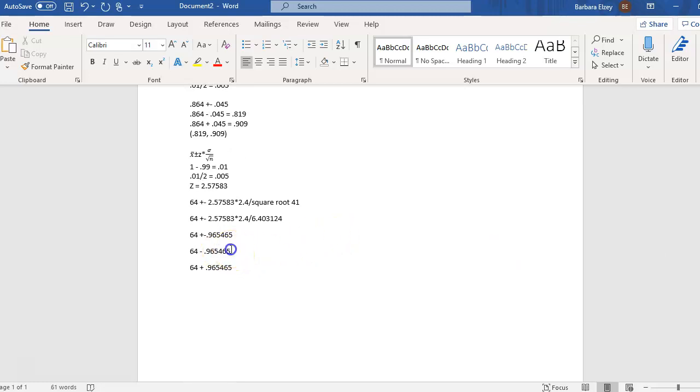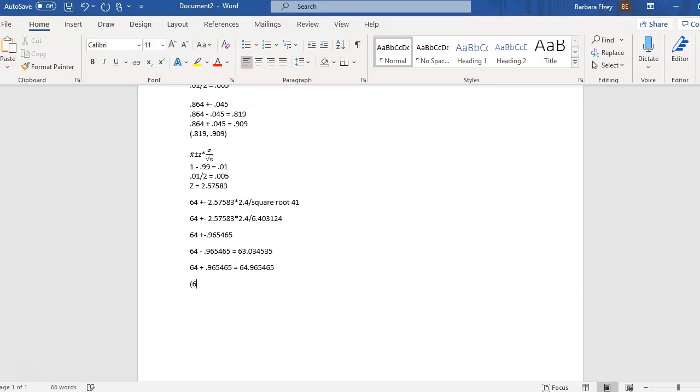So first calculation, I will do 64 minus that number, and that gives me 63.034535. And then, of course, this one I can do very quickly, 64.965465. And those are our two ends of our confidence interval.